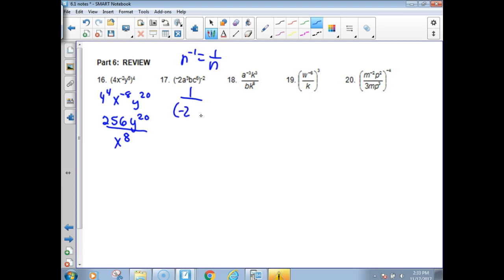And on the bottom, you'll have negative 2, a to the 3rd, b, c to the 6, and then to the 2nd power, because we did reciprocal, we got to change that negative exponent to a positive exponent. Now I apply that squaring of the bottom to everything inside there. Negative 2 squared would be 4. I'd have a to the 6th, b to the 2nd, c to the 12th. And that's done.